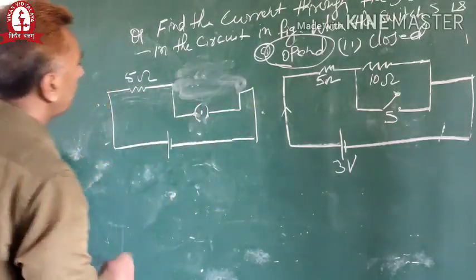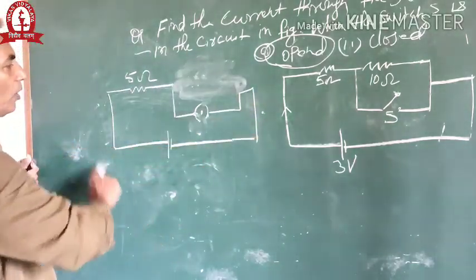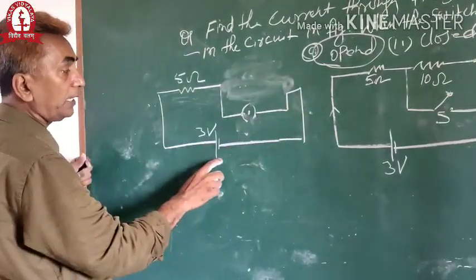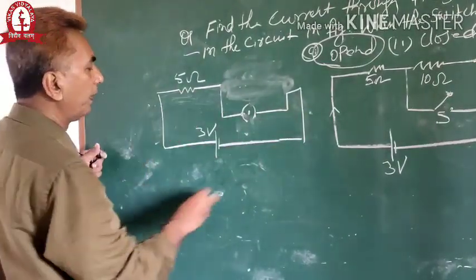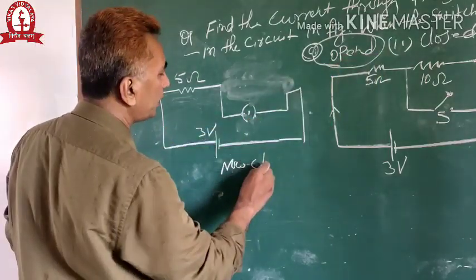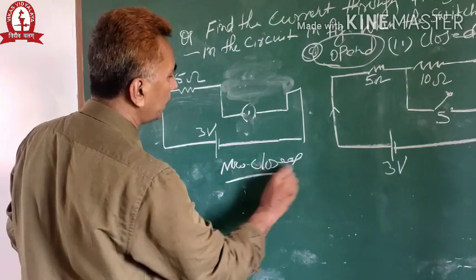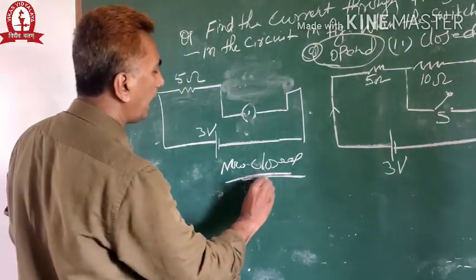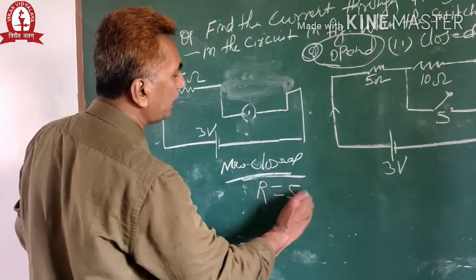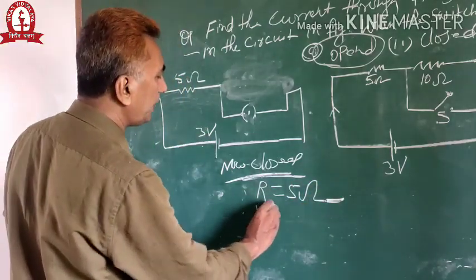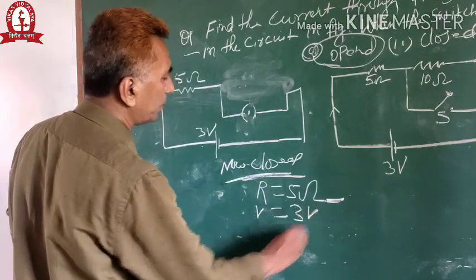So you see here the effective resistance of this circuit would be how much? 5 ohm. So now in closed condition, R is equal to effective resistance, only 5 ohm, and PD, that is V, is equal to 3 volt.